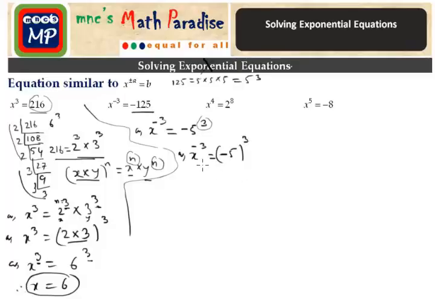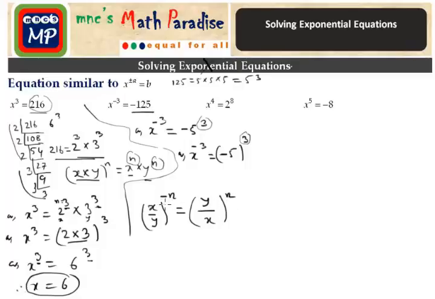But the problem here is x has a minus 3 power, but minus 5 has a plus 3 power. So how can we make this positive power into a negative power? We know that (x divided by y) to the power minus n can be written as (y divided by x) to the power n.